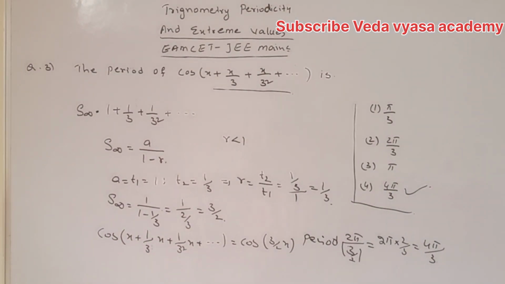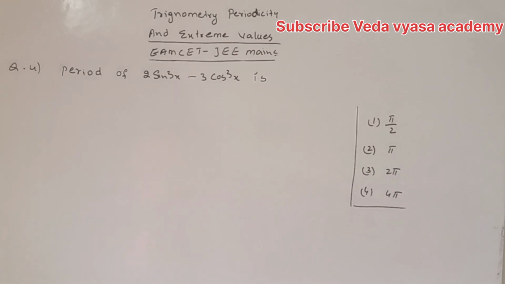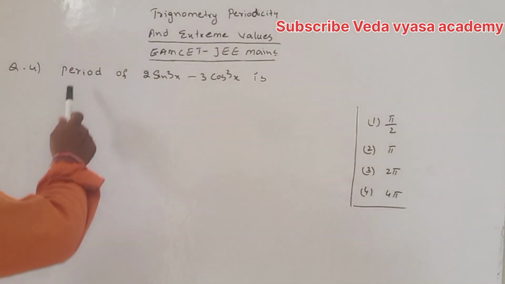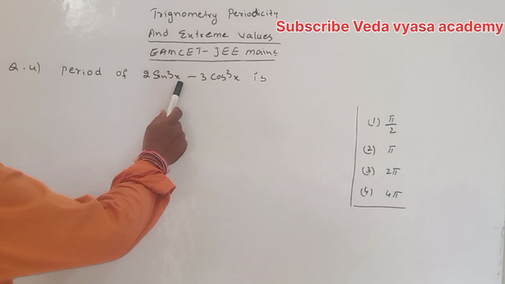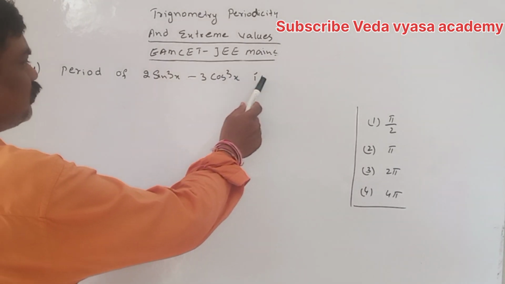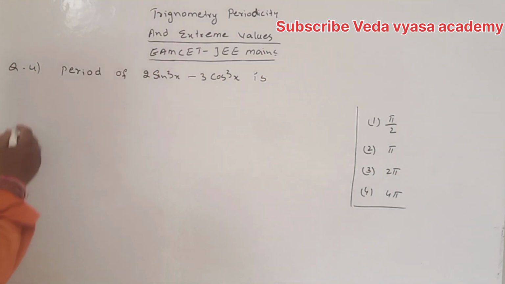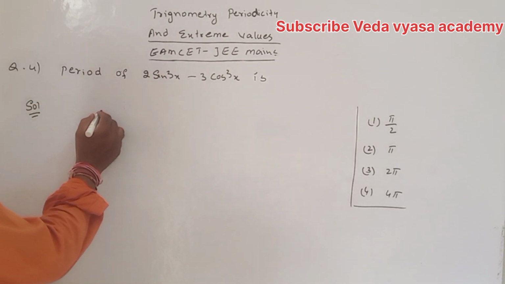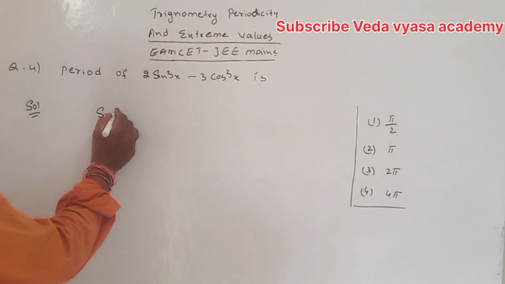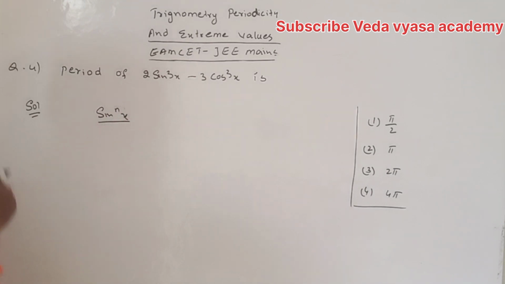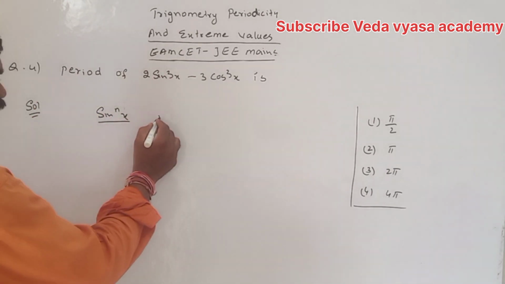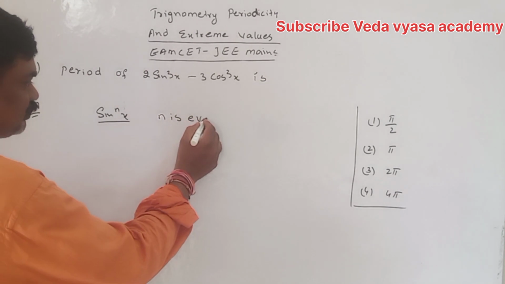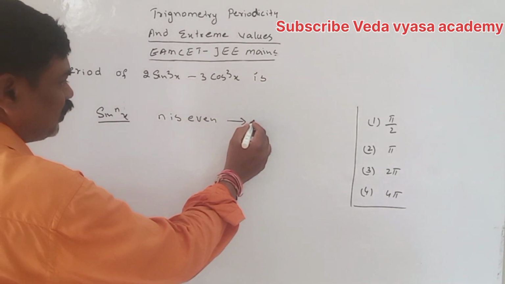Here we have the problem: period of 2 sin cube x minus 3 cos cube x is. So you observe here, sin power nx. Suppose you take sin power nx, n is even, then what is the period?